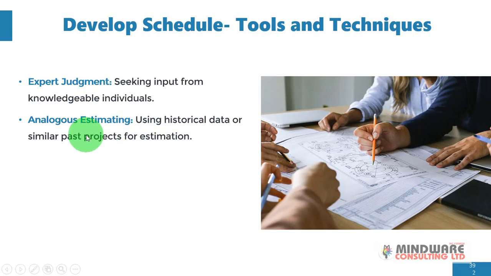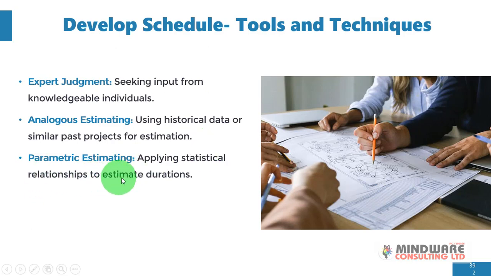Analogous estimating. This includes using historical data or similar past projects for estimation. You look at those projects that have been completed in the past that are similar to the one you're currently handling, and see what you can extract that could be relevant or useful in this particular project.